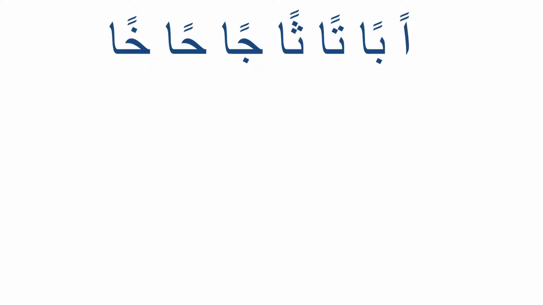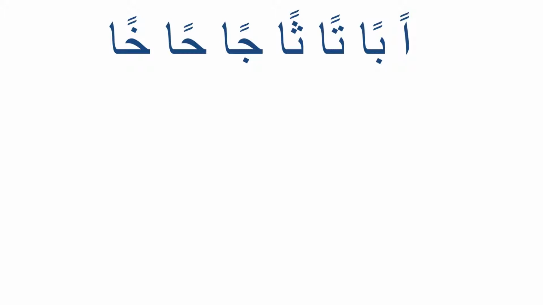I'd like to just stop here. You've probably noticed that at the end of every letter there is an alif. So it is joined with an alif at the end. Whenever you have a tanween on a letter, the alif is automatically added on.